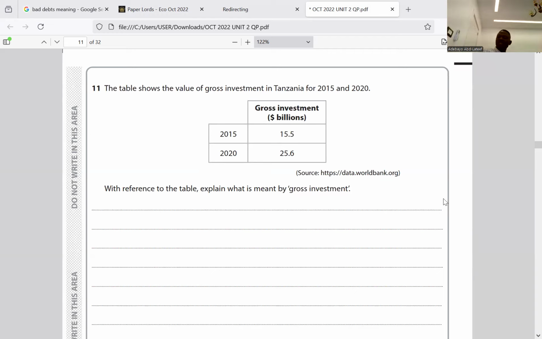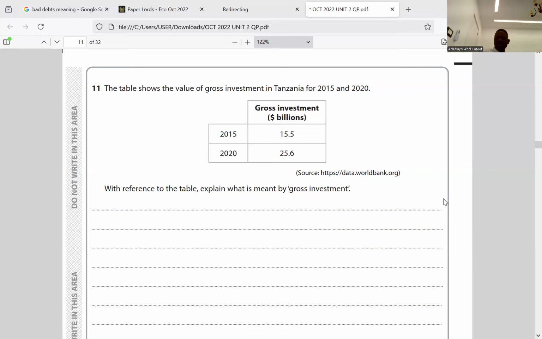Gross investment is net investment plus depreciation.